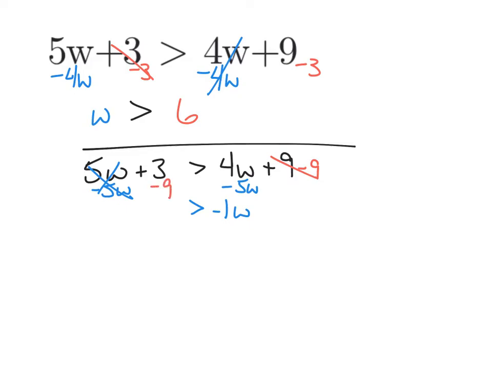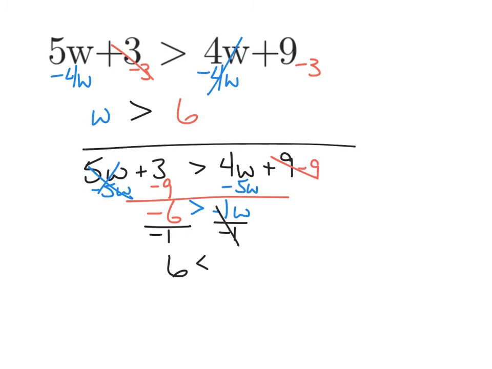So I'd subtract 9 on this side as well. 3 minus 9 is negative 6. So right now I'm at negative 6 is greater than negative 1w. We still have to get rid of that negative 1, and we're going to do that by dividing both sides by negative 1. Negative 6 divided by negative 1 is 6. This time we did divide by a negative number, so we have to switch the inequality.